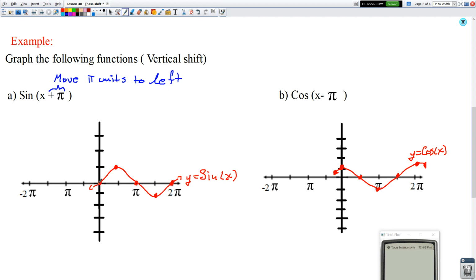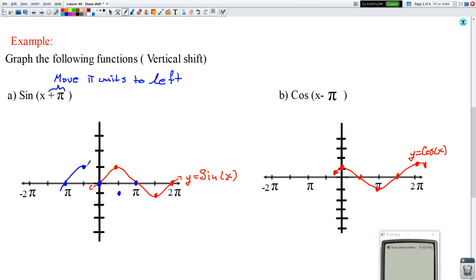You move it 2 squares here, because notice that 2 squares is 1 pi. We take each point and push it pi units to the left.